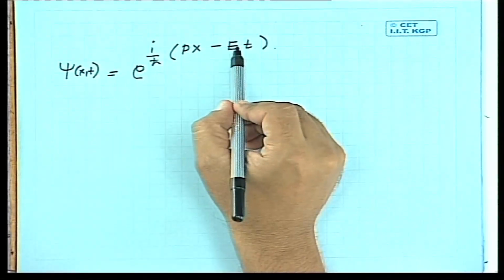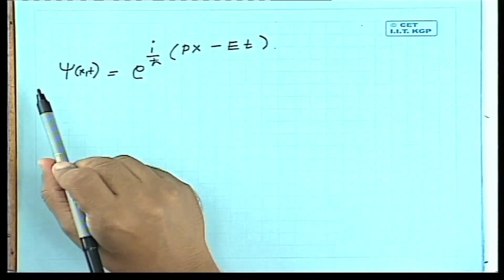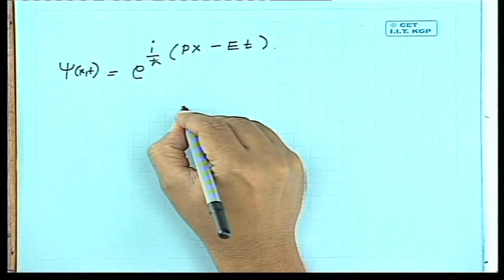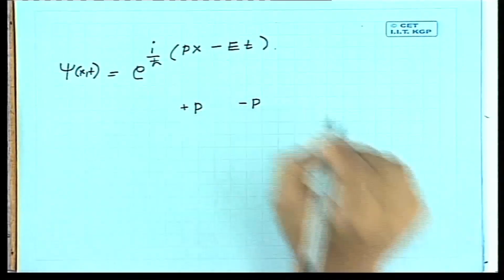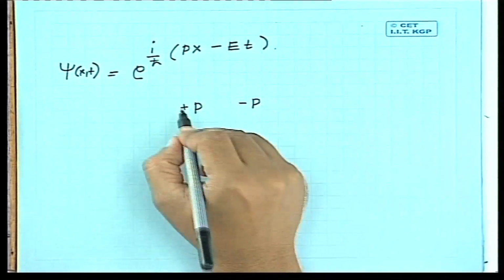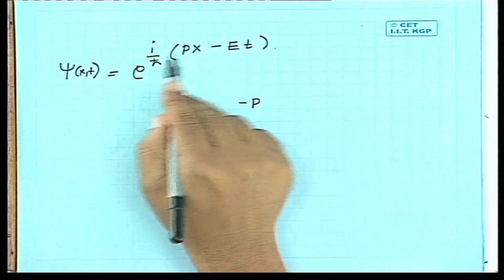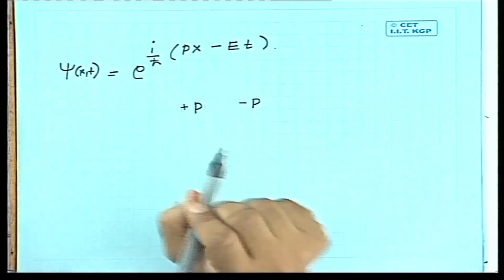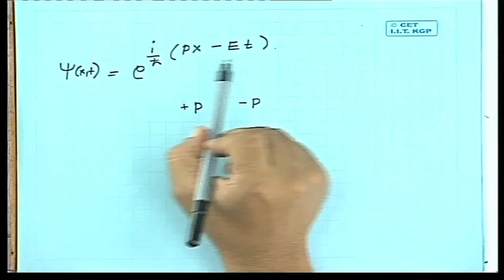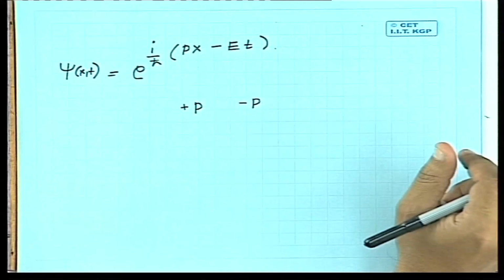Now the energy here does not uniquely define the state, because I can have plus p and minus p corresponding to the same energy. So I have to use the momentum to actually label these wave functions. But for every value of momentum I have a different wave function, and these are the stationary states of the free particle without a potential.